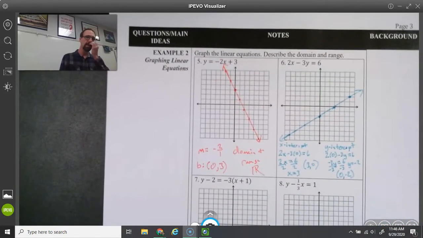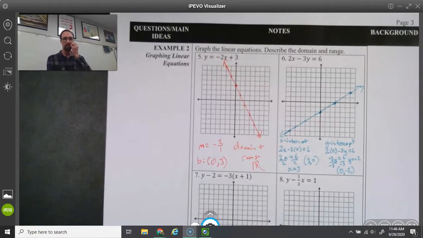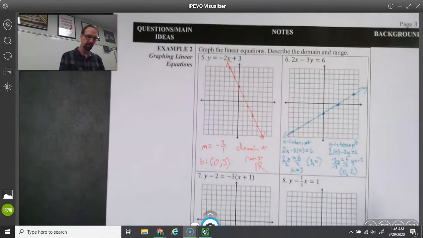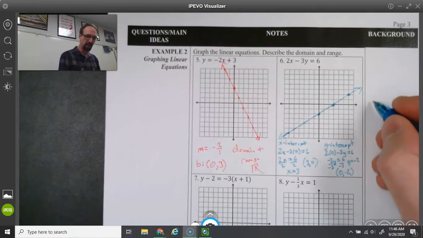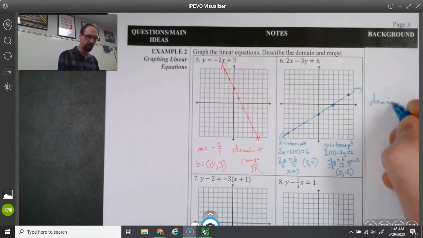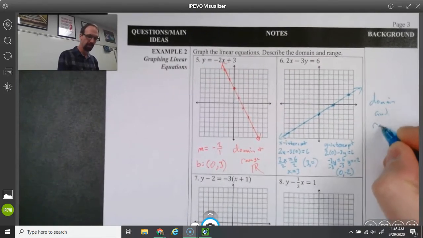So you can see there is my work for the x-intercept and y-intercept. The domain and range, again, are also going to be all real numbers.